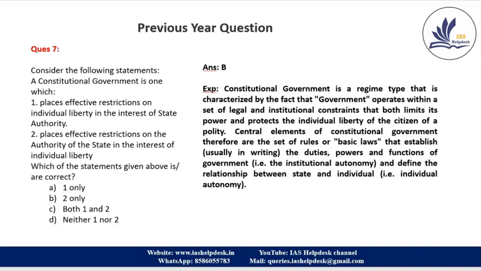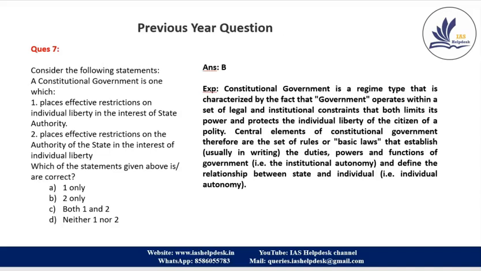So if we look into the explanation of this, which says constitutional government is a regime type that is characterized by the fact that government operates within a set of legal and institutional constraints that both limits its power and protects the individual liberty of the citizen of a polity.